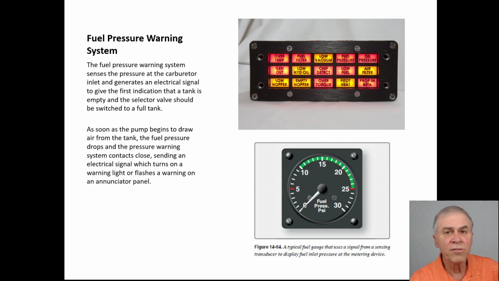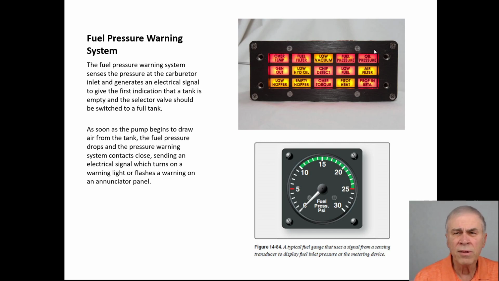Fuel pressure warning system. Tied right into it. So this way, I suppose you don't have to monitor it continuously, especially when you have dozens of gauges. But basically, a warning system senses the pressure at the carburetor inlet, generates an electrical signal to give the first indication that a tank is empty and that the selector valve should be switched to a fuel tank.